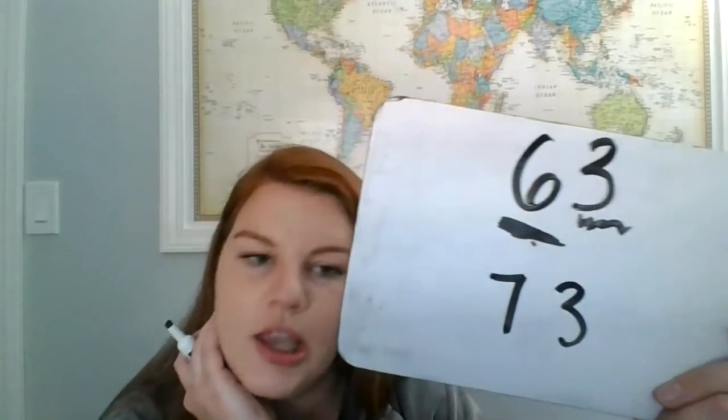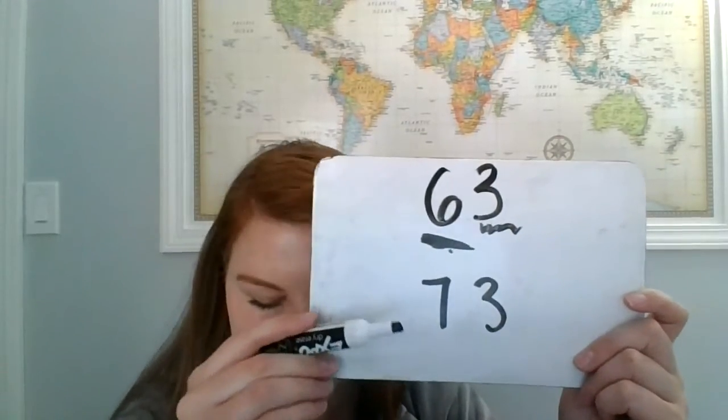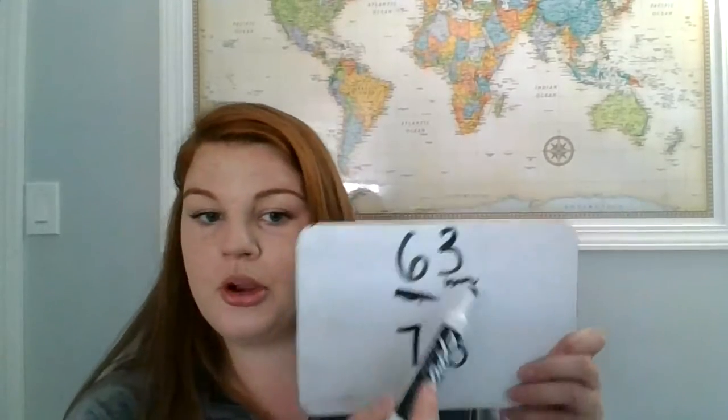So tell me what changed. Well, don't tell me, think about what changed. What looks different between 63 and 73? The 3 is the same. The only difference is it went from a 6 to a 7. So when you add 10, only your tens digit is moving, and it's moving up by 1. Now thinking about 63 still, how about changing the ones?